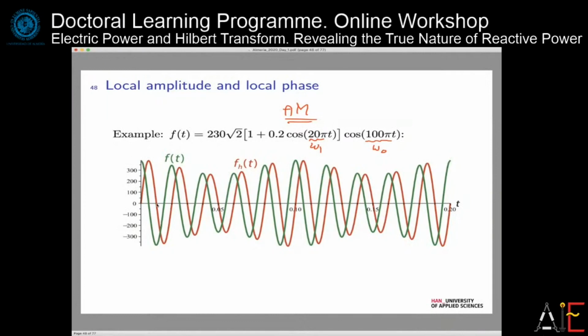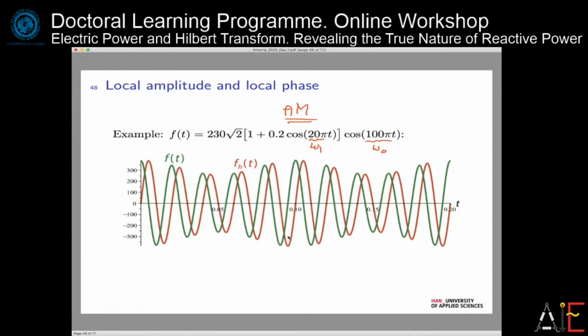Well, in green is the original signal. And in red, you see the Hilbert transform. Well, in this case, it's nicely 90 degrees from the original one.